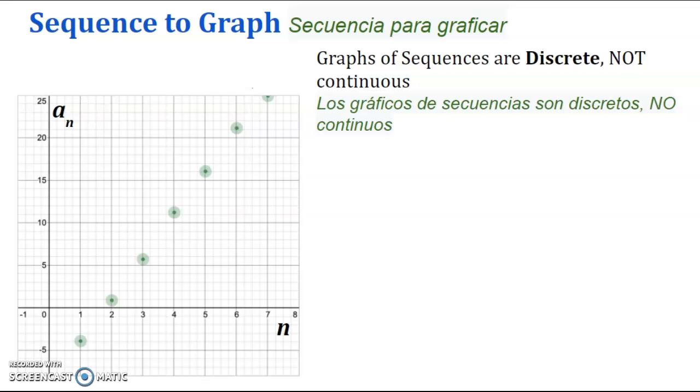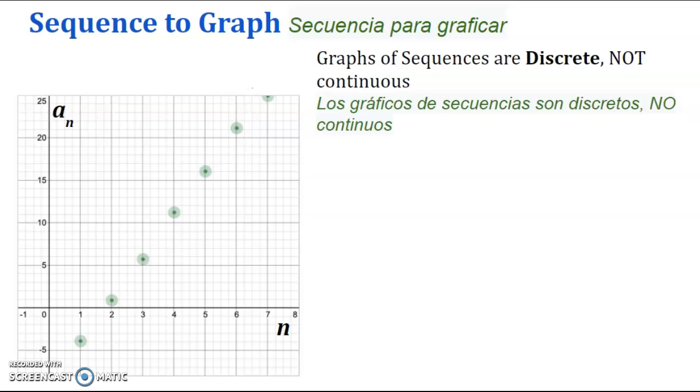What do we mean by discrete and not continuous? This is the opposite of continuous. When something is continuous, we mean things are connected. So if I have a straight line joining it, then we will say it's continuous. However, here the dots are separated.